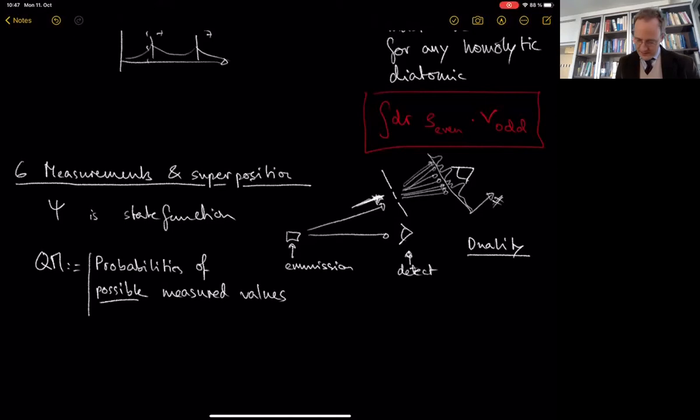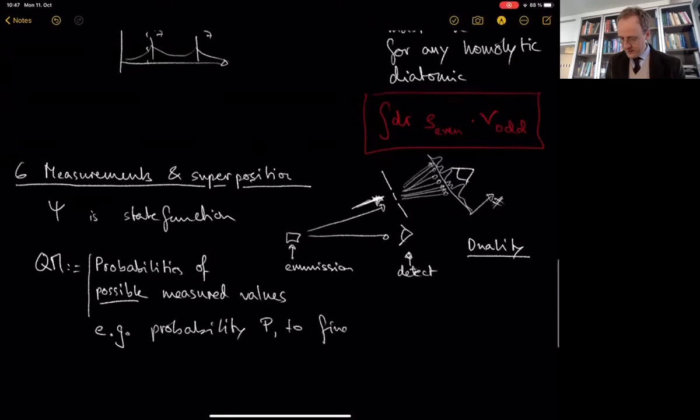And so here's the example. The probability P to find a particle.